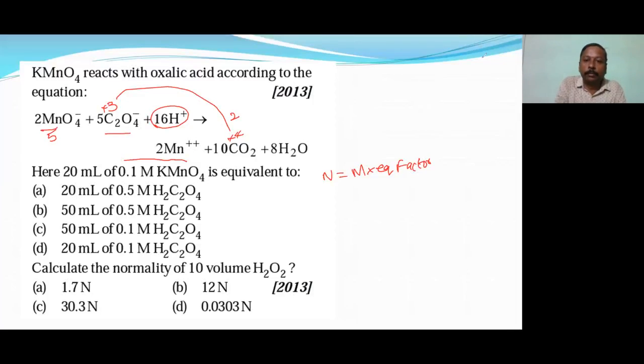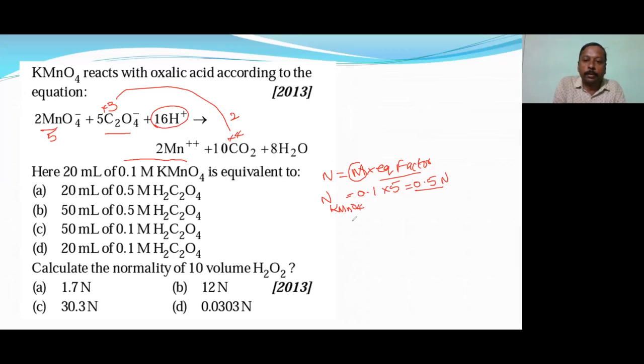What is the formula for converting molarity into normality? Whatever the molarity is, you multiply it with the equivalent factor. Here the molarity is given as 0.1 and the equivalent factor for KMnO4 is 5, so the normality of KMnO4 is 0.5 normality.